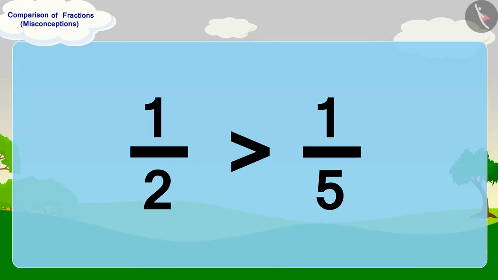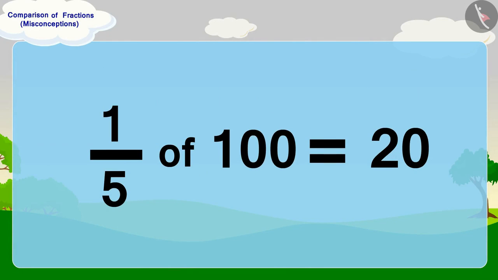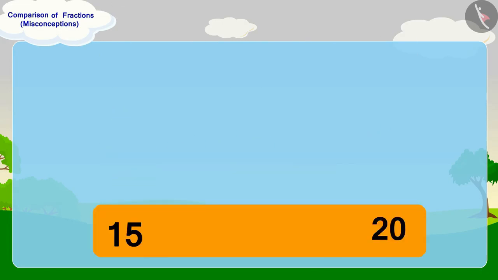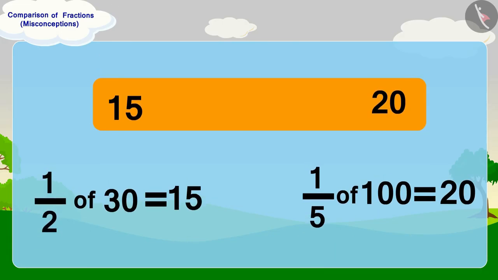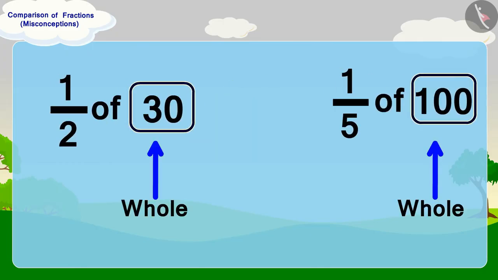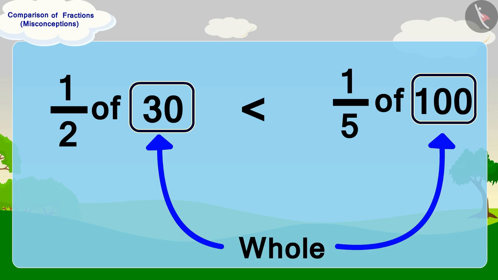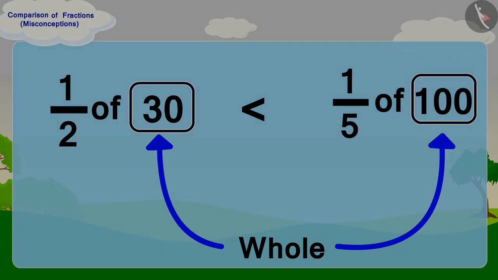But if we talk about 1/5 of 100, which is equal to 20, and half of 30, which is equal to 15, then we can see that half of 30 is smaller than 1/5 of 100 because their wholes are not the same. Therefore, to compare fractions, we must pay attention to fractions as well as their whole.